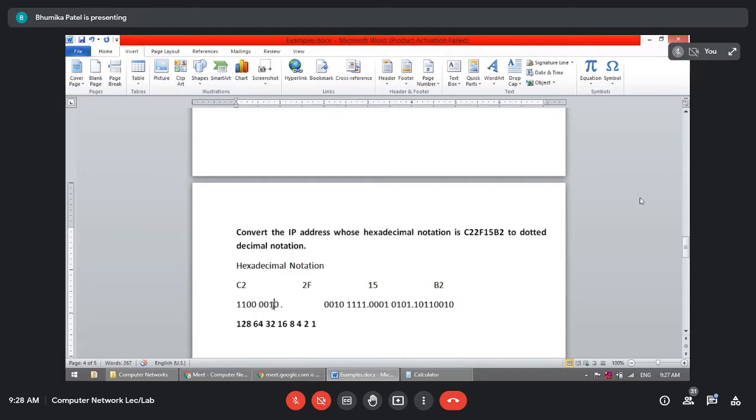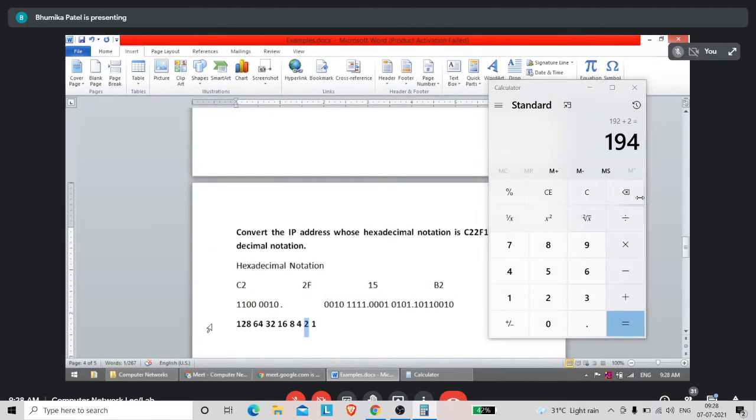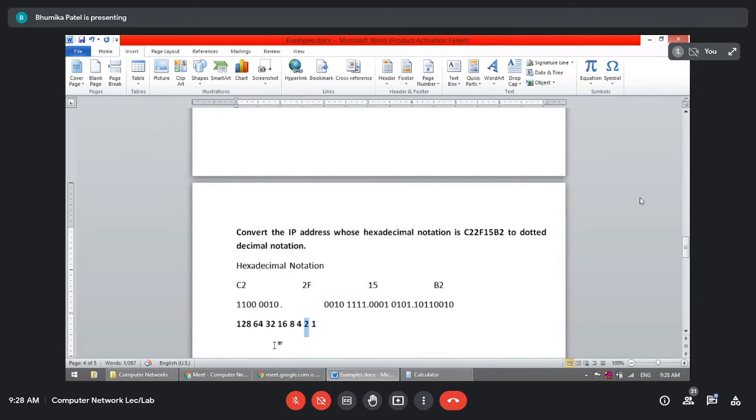Then only the second last bit is 1, which corresponds to 2. So 128 plus 64 plus 2. What is the answer? It is 194.